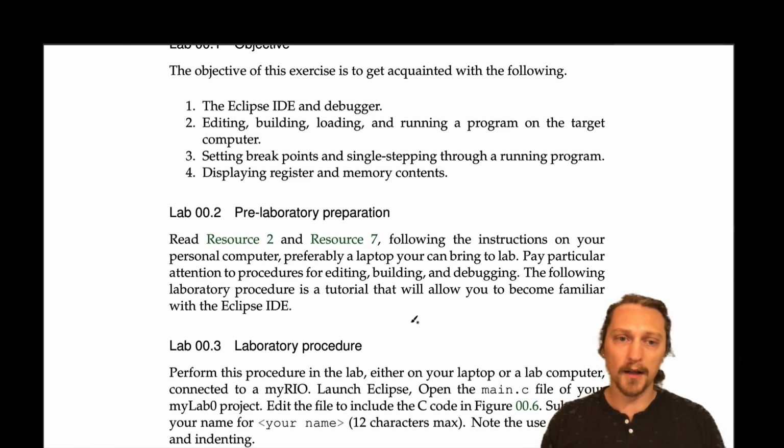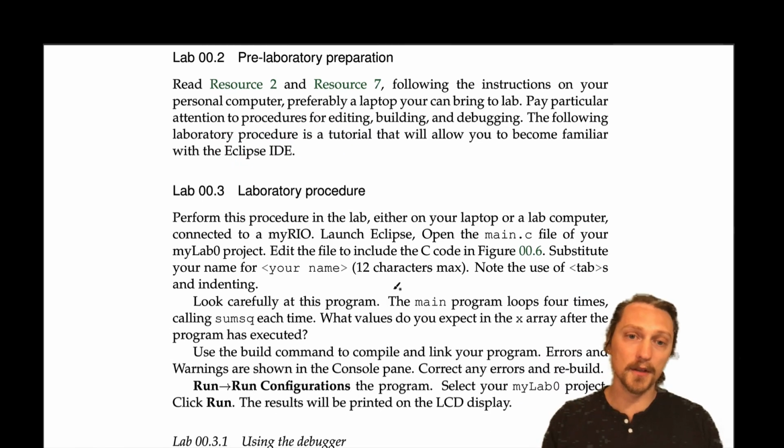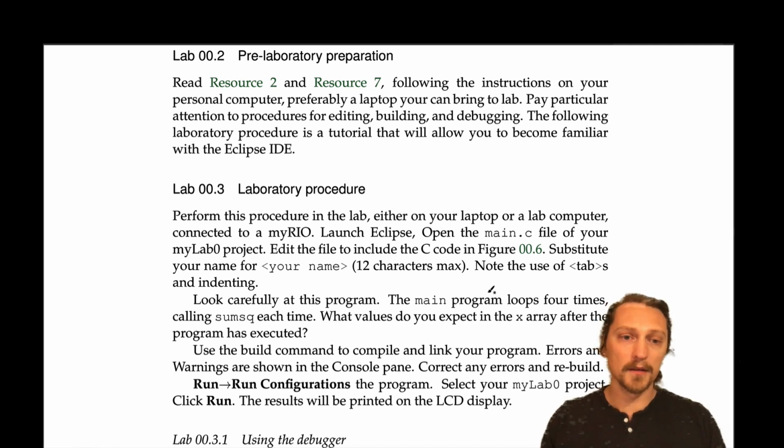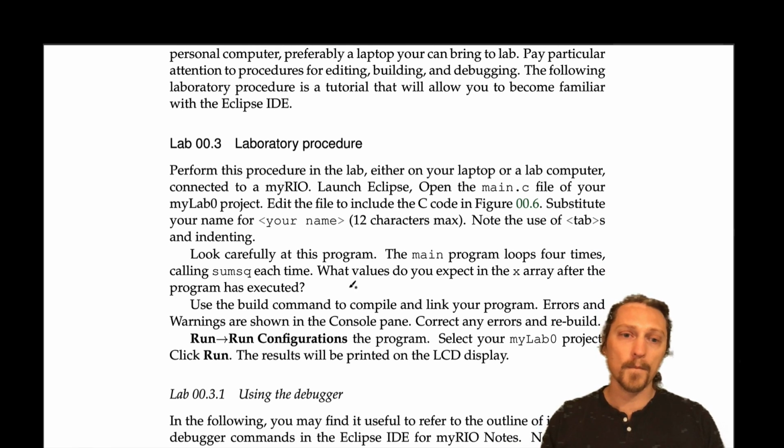You'll go through these resources. That's the main thing that we have to do. Pre-laboratory preparation, so do this before. And the procedure is that you're going to open up the main.c file in the lab 0 project folder in Eclipse, and you'll check out the program, and you'll see that the main program loops 4 times.